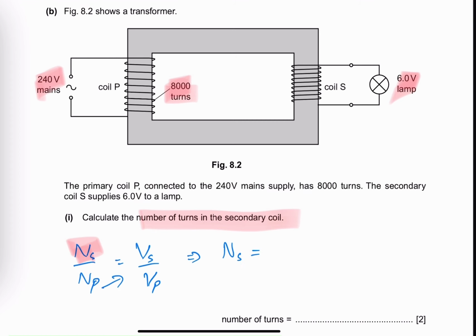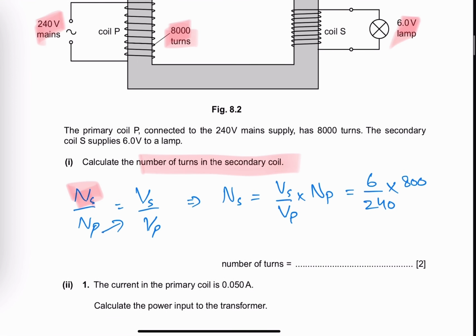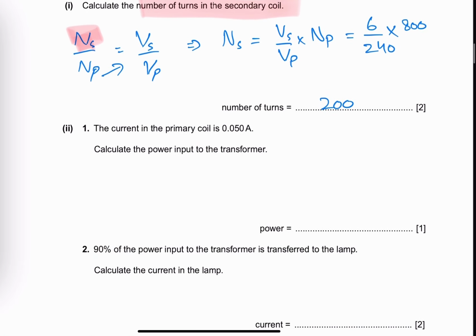So Ns is equal to Vs divided by Vp multiplied by Np. Putting in the values, Vs was 6 divided by 240 multiplied by 800, that will give you 200.